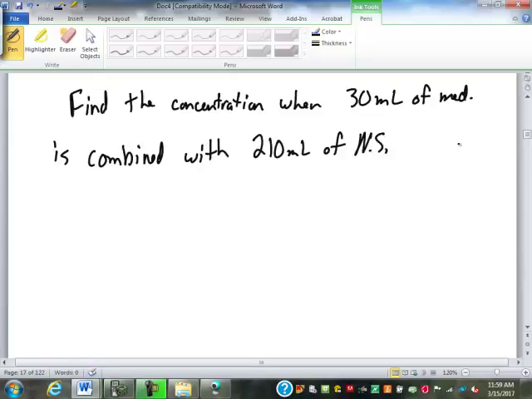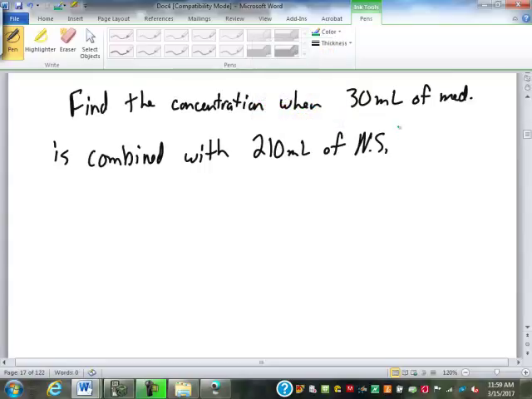Because we don't know if that medication is going to be dissolved into that saline or not. If the medication dissolves into it, the total volume will not be 210 plus 30. It'll be less than that.